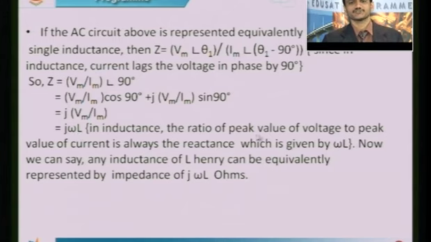Any inductance of L Henry can be equivalently represented by an impedance of j omega L ohms. L in Henry in the AC analysis can be equivalently considered to be an impedance of j omega L ohms.